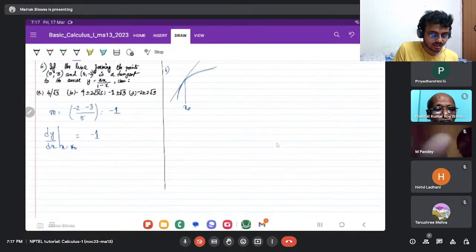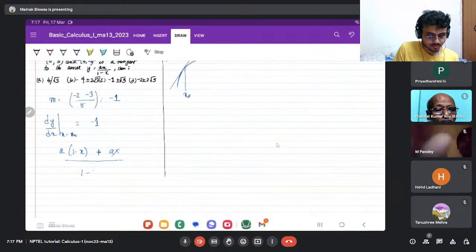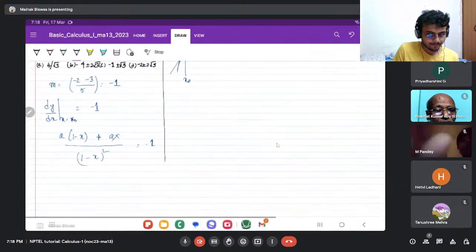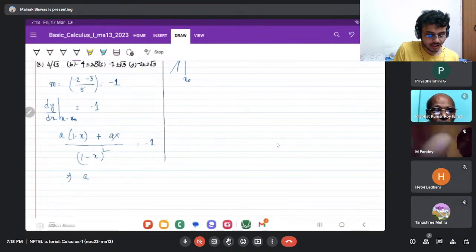So let's take the derivative of a x into 1 minus x, plus a x, is equal to -1. Or you have a and you put x naught here, so you can write a is equal to 1 minus x naught square. Agreed?